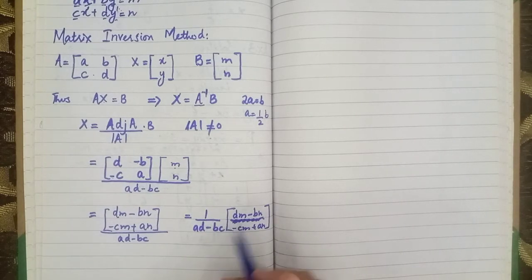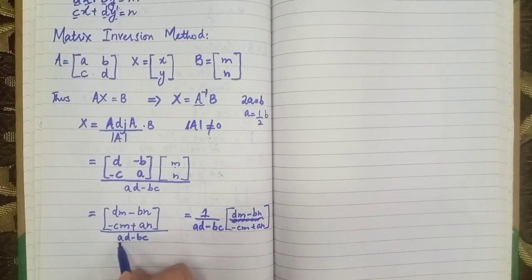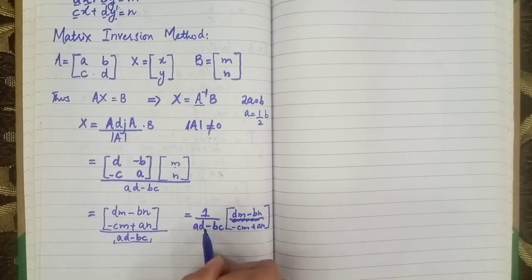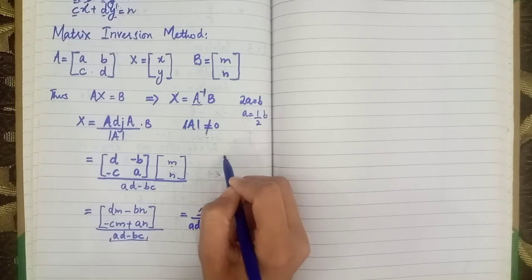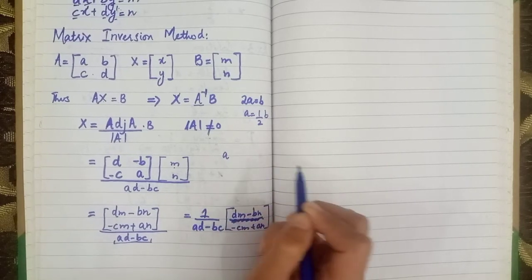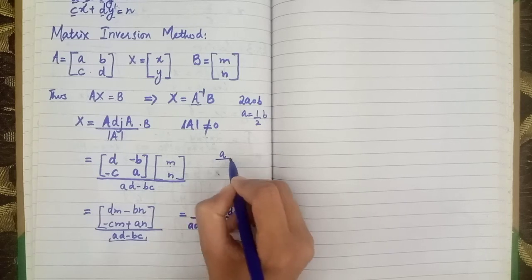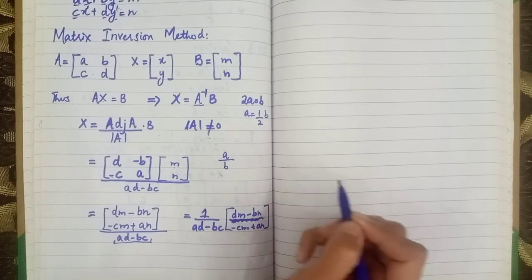Okay, so you people will ask how this determinant has gone over here. Let's say we have a dividing by b.